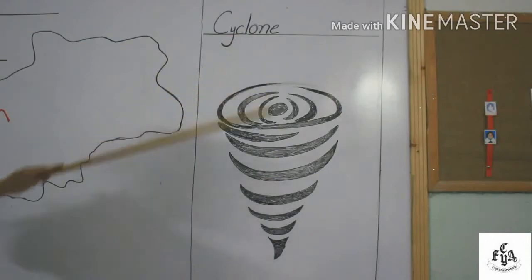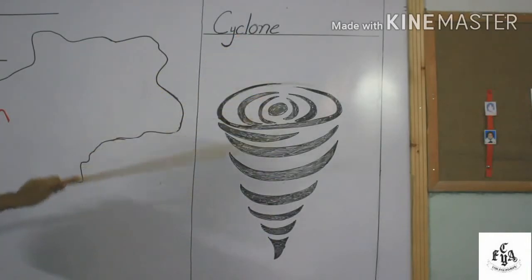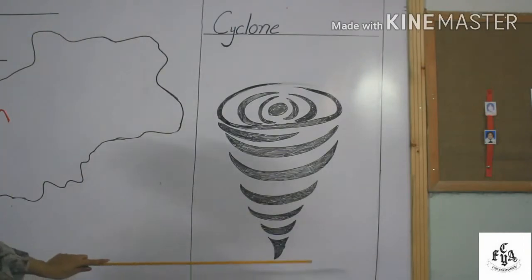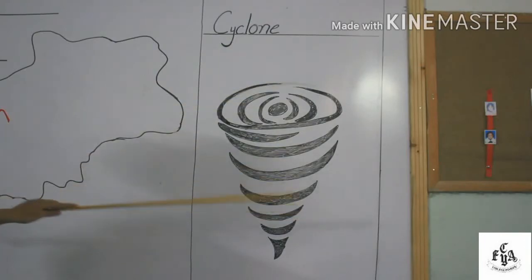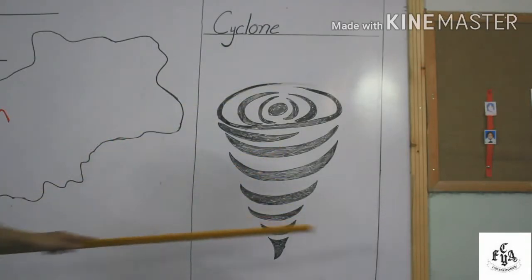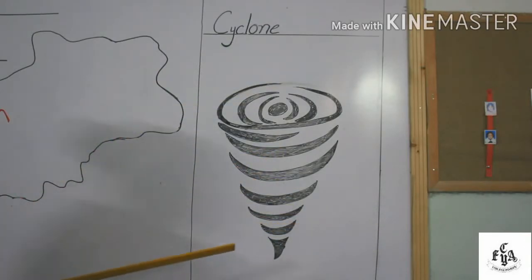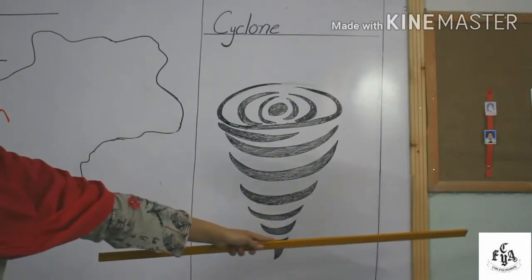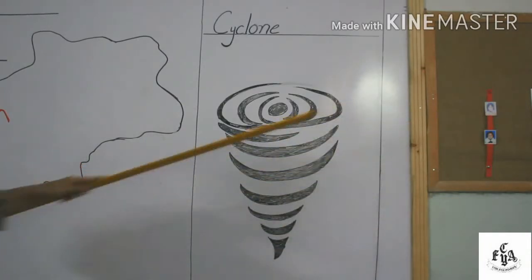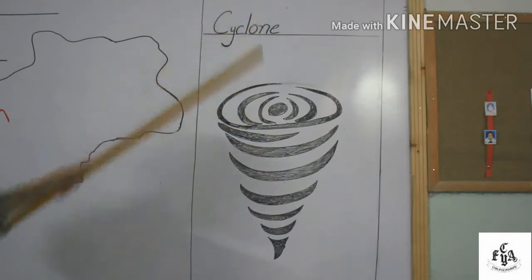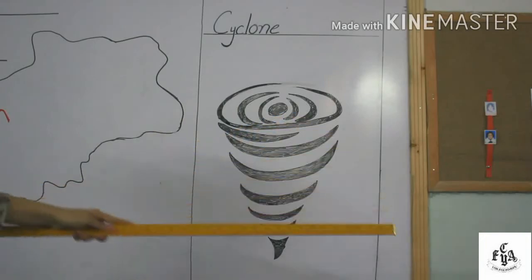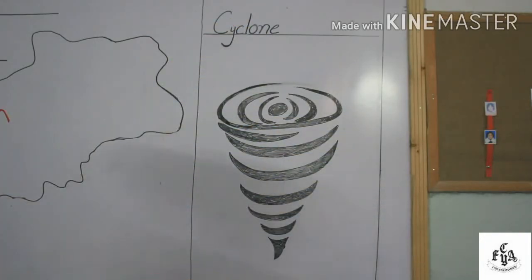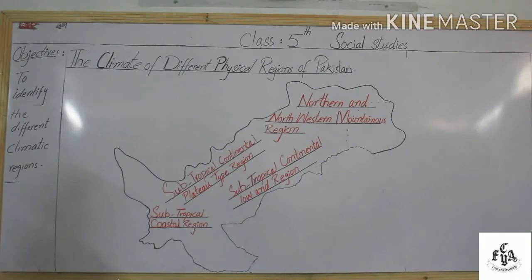Because of the sunlight, the temperature rises, and as we discussed before, the wind becomes lighter and it rises up, and the wind pressure decreases, but the surrounding areas temperature remains cold. That is why that cold wind starts moving towards the area of the decreased pressure, and that is how the cyclones are formed.